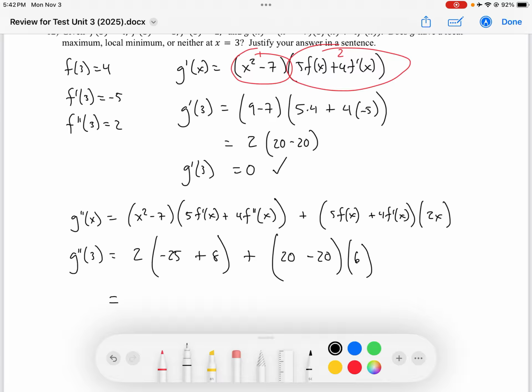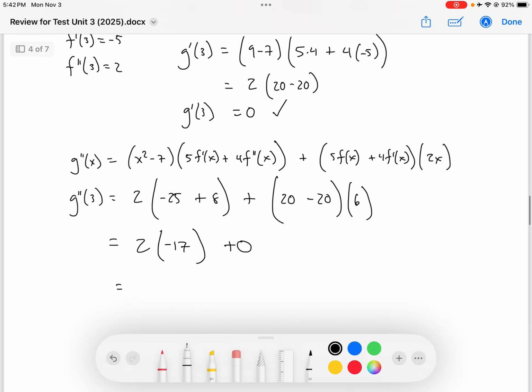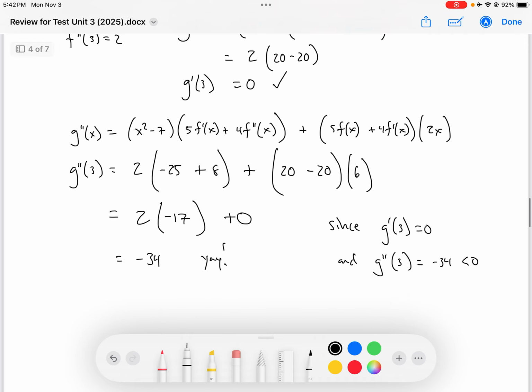So I'm going to get 2 times negative 17 plus 0, which is negative 34. Since G prime of 3 equals 0, and G double prime of 3, which equals negative 34, is less than 0, I have a horizontal tangent and my second derivative is negative, which means the function is concave down.